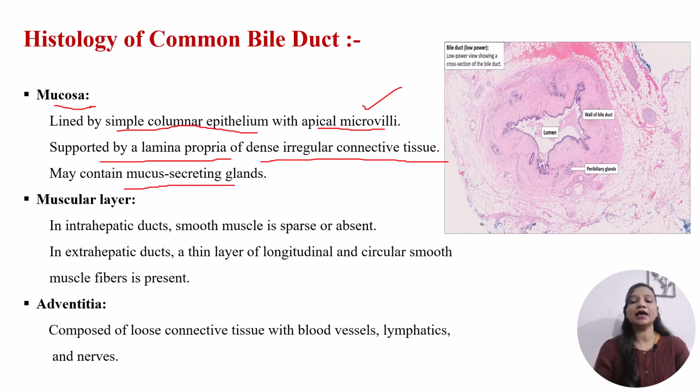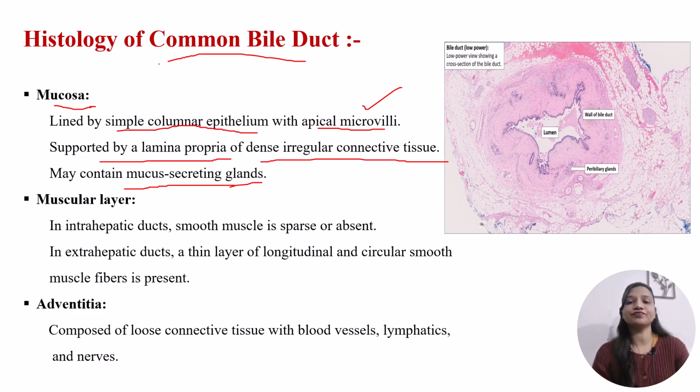mucus secreting glands. In the previous lecture we discussed the histology of the gallbladder, and there we discussed that the gallbladder lacks mucus secreting glands. The mucus secreting glands are not present in the gallbladder, but they are present in the common bile duct. Why are they present in the common bile duct?